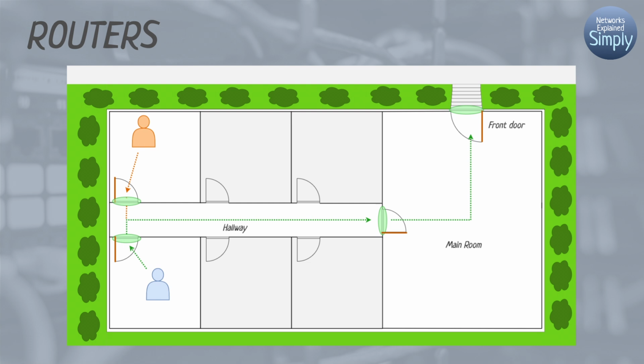Once both people exit the building, or perhaps once they exit the parking lot, or maybe exit the neighborhood, their gateways are likely to become different again, unless they're headed to the same exact destination. If you can understand this concept, then you understand the default gateway. All that remains is to replace the people and places from our analogy with devices and network addresses.